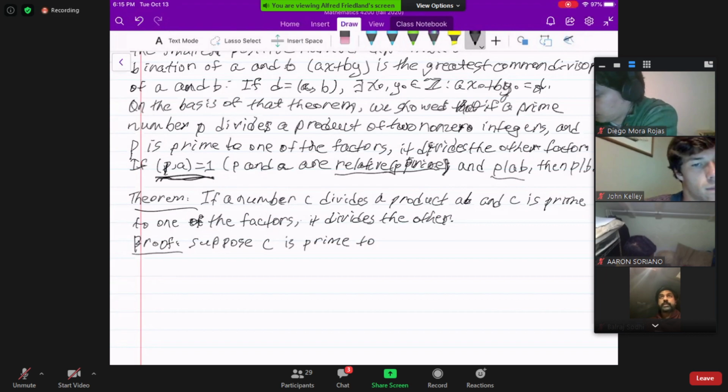If it's prime to B, you can switch, it doesn't matter which it's prime to, as long as it's prime to one of them. Suppose C is prime, for instance, just to be specific, to A.